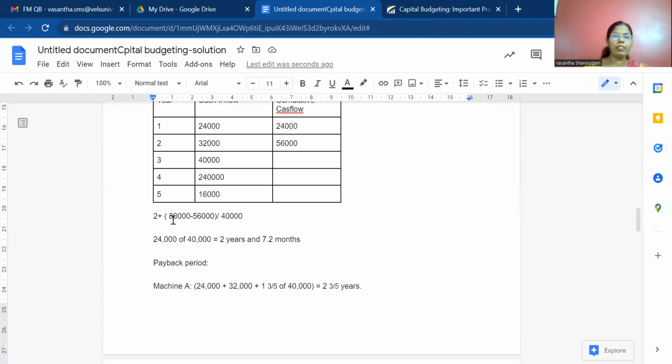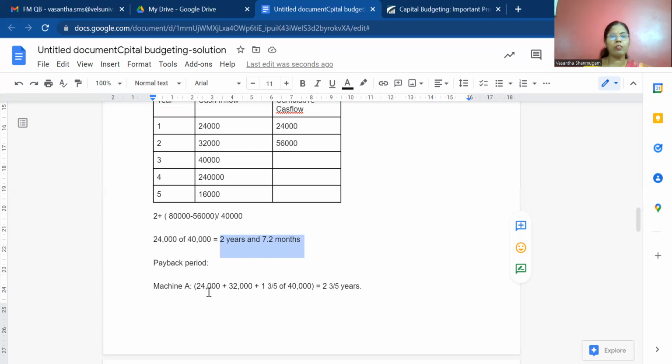Please do this calculation: 80,000 minus 56,000 divided by 40,000 gives 0.6. So you will get the answer of 2 years 7.2 months. That is the answer for the payback period method.